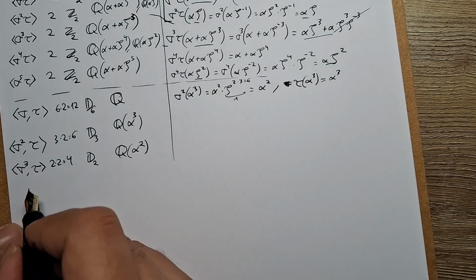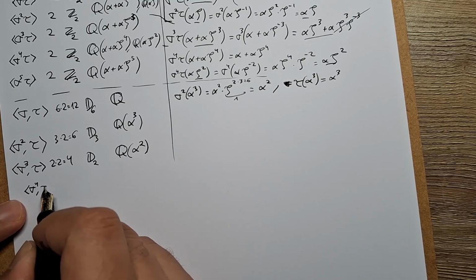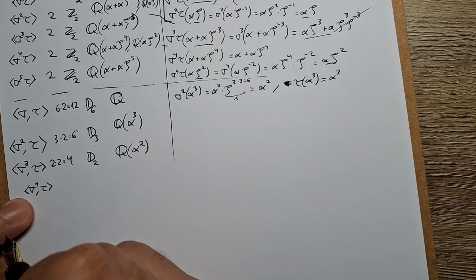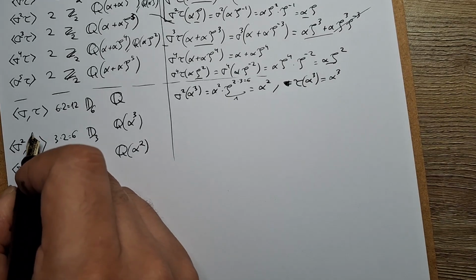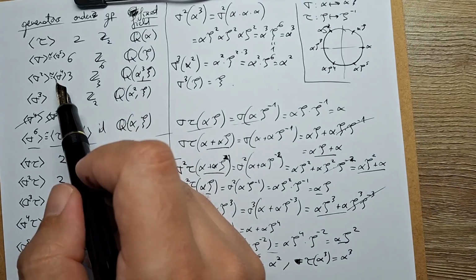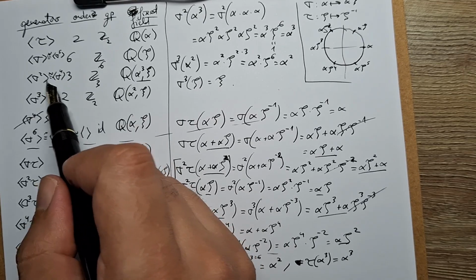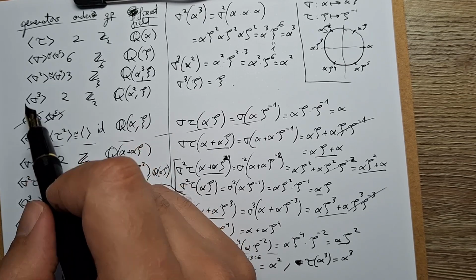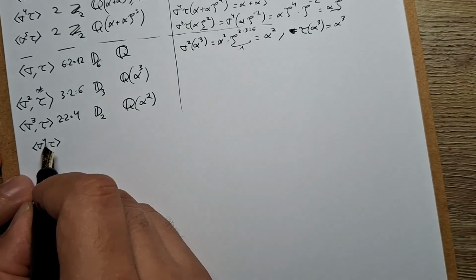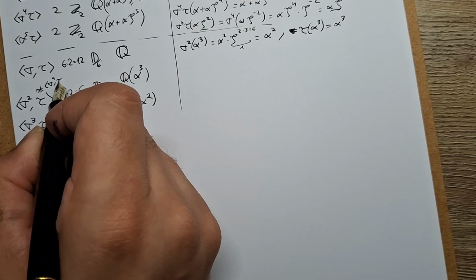All right, now if we try to do sigma to the power of 4 combined with tau, this is the same as we had here. As we saw before, sigma to the 4 is kind of isomorphic to sigma to the 2. So this is not a new group. In fact, this will go here.